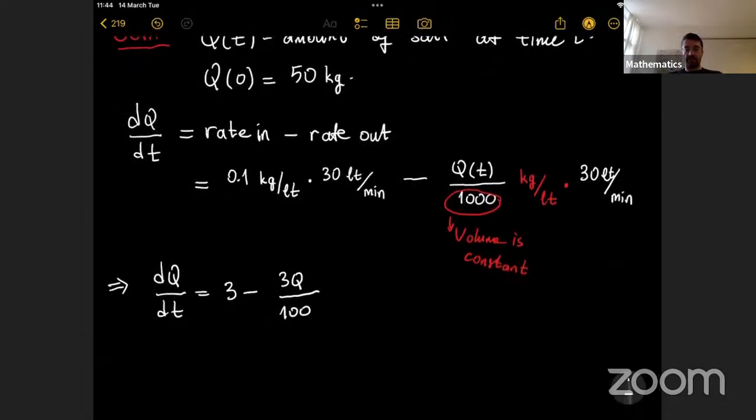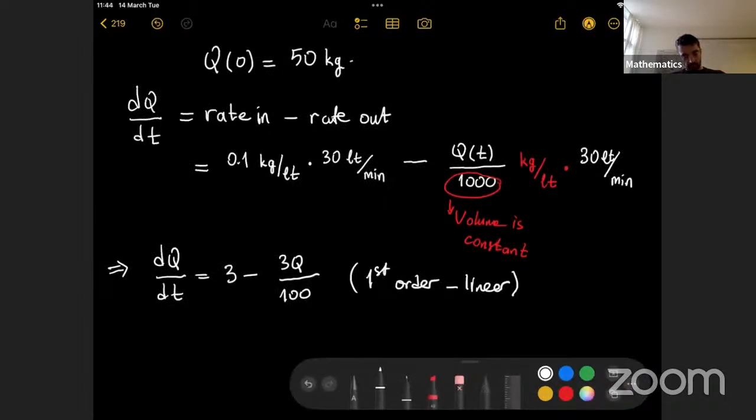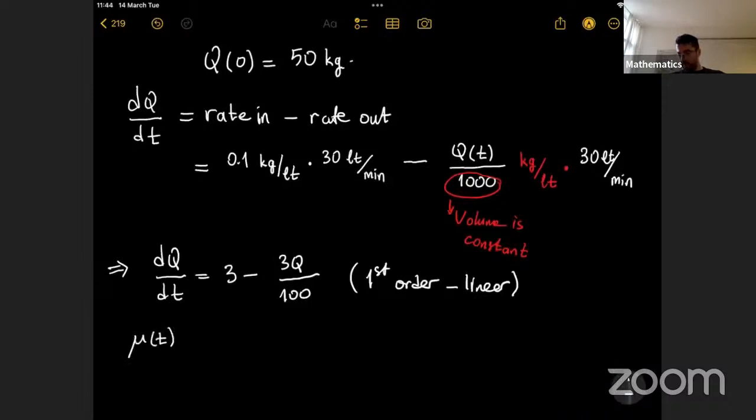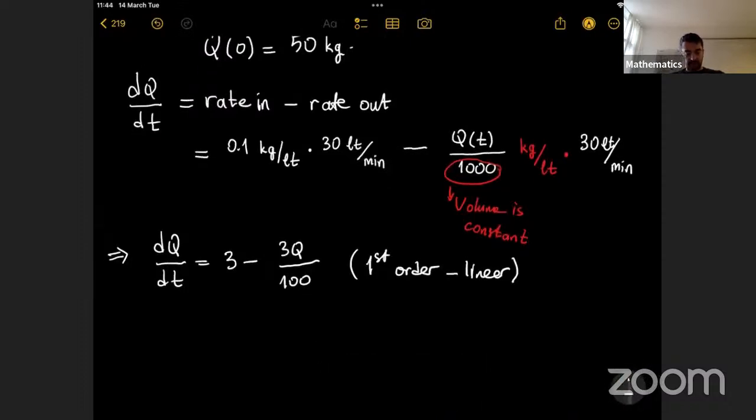So this is a first order linear differential equation. It's not 1000, 30 over 1000, it's 3 over 100, so we cancel out the 0. Well, we don't even need an integrating factor because it's a separable equation.